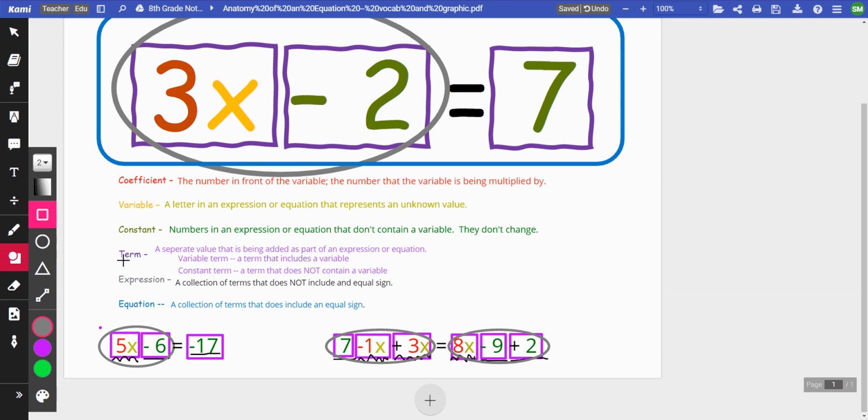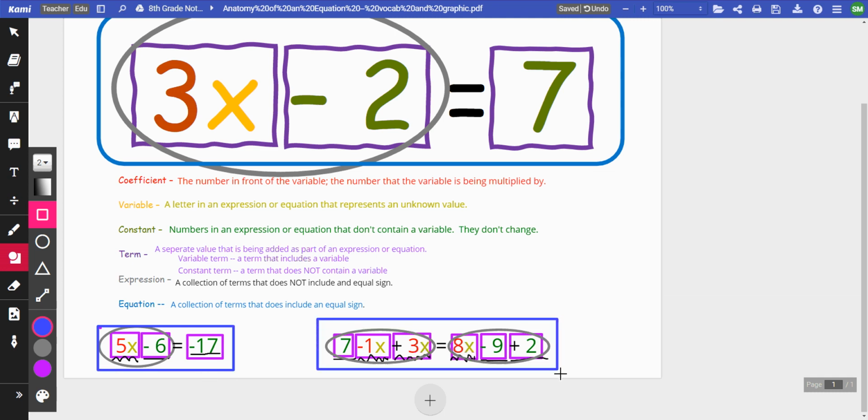So box, and blue. This whole thing with an equal sign is an equation, and this whole thing with an equal sign is an equation. And hopefully that helps you understand all of our vocabulary for this whole unit that we're going to be doing for at least the next 3 weeks. Thanks for listening.